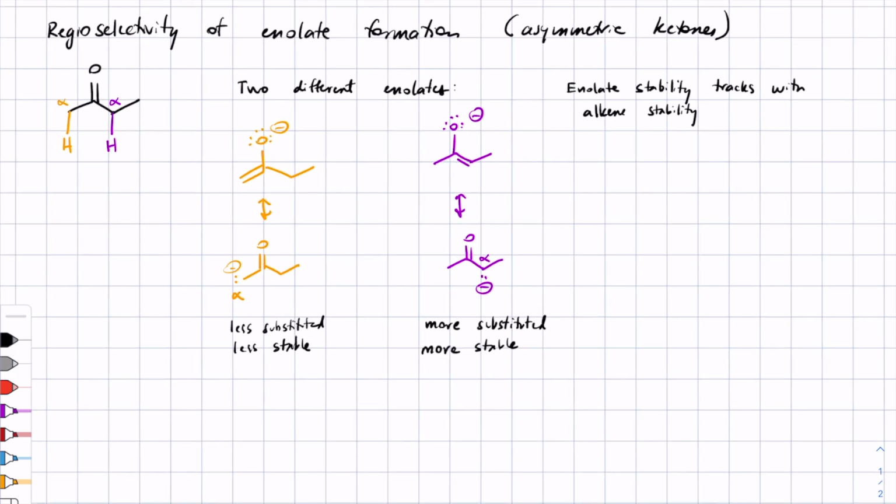All right. So that's issue number one. Which enolate is more stable? When you have the possibility for two different enolates, which enolate is more stable?